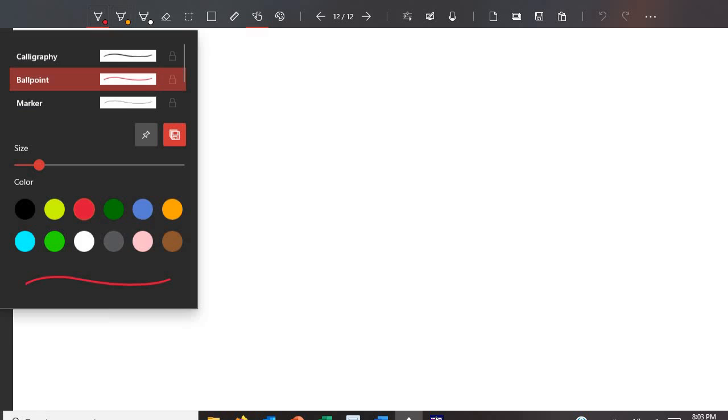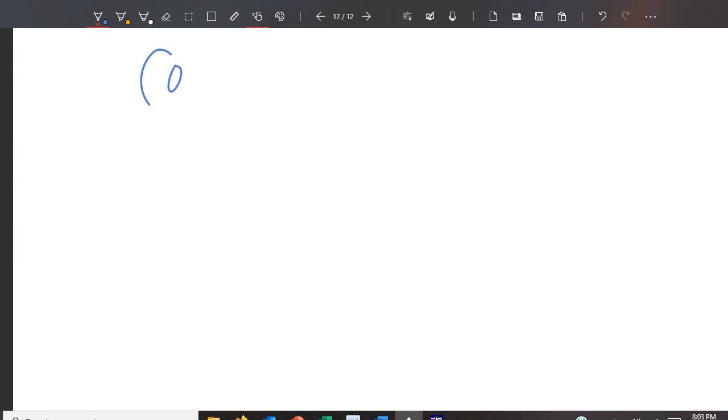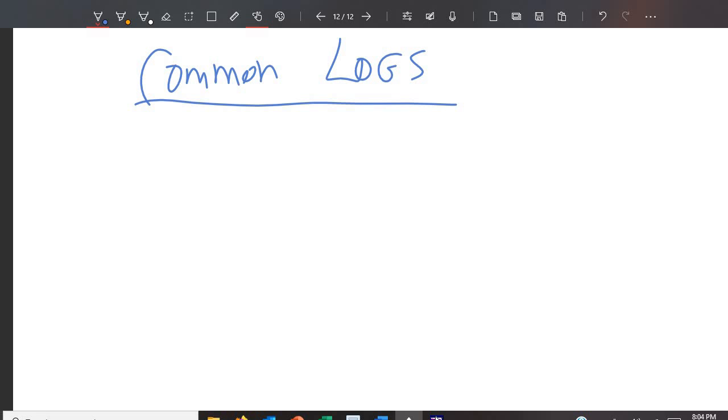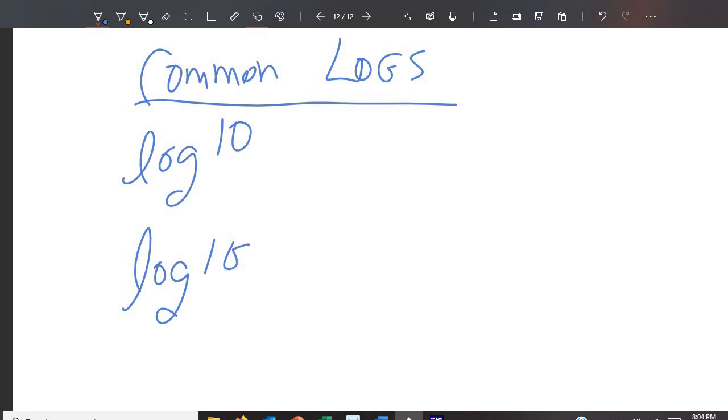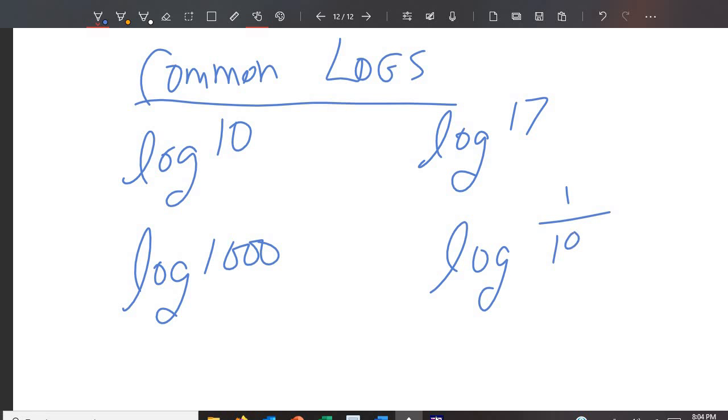But that's general logarithms. We have something called common logarithms. Now here's some examples of common logs. Log of 10, log of 1,000, log of 17, log of 1 over 100. Now, I want you to notice something.